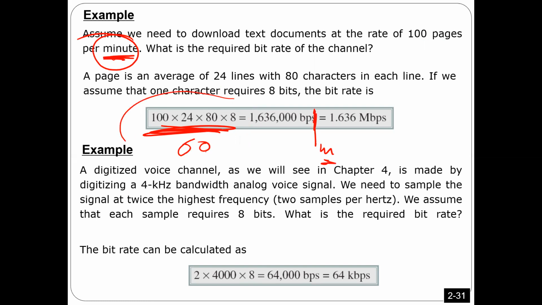Because this is actually the number of bits in 1 minute. If I divide by 60, it's going to give me the number of bits in 1 second. No, this is how many bits in a minute. So you have a minute. Okay, this is the number of bits in 1 minute. So I have to divide it by 60 to give me the number in 1 second.